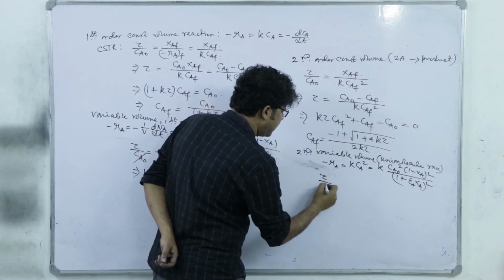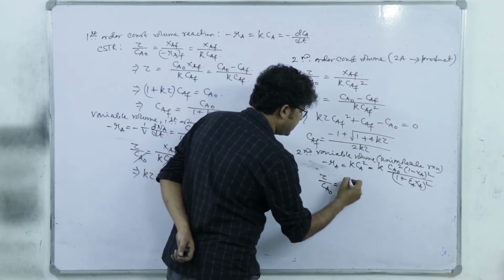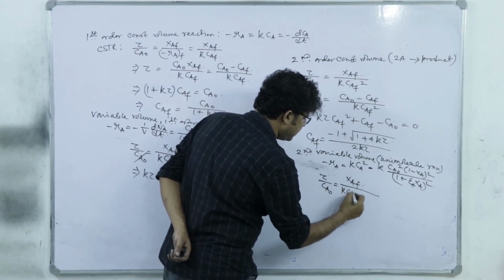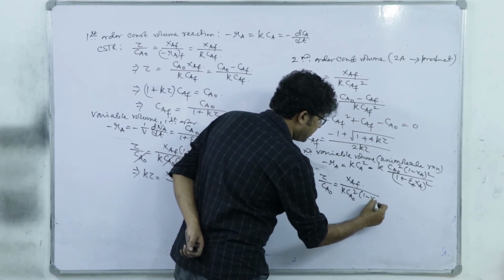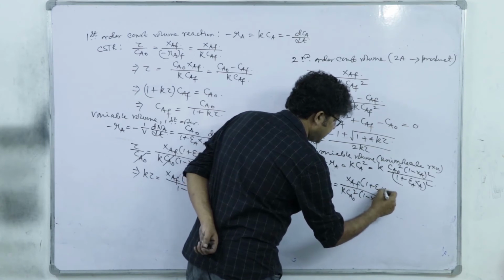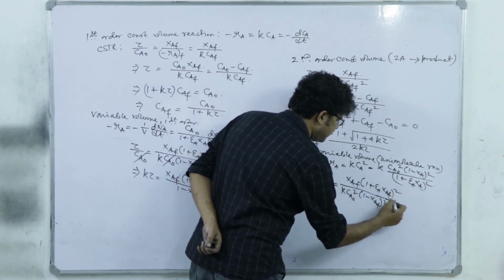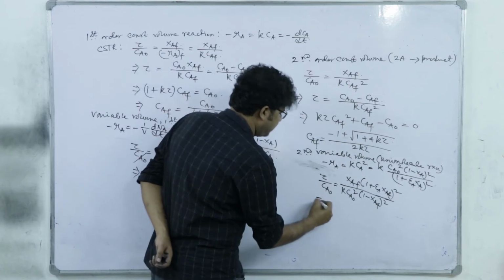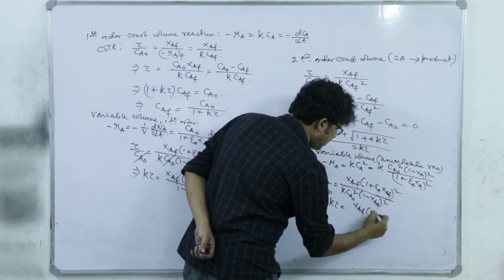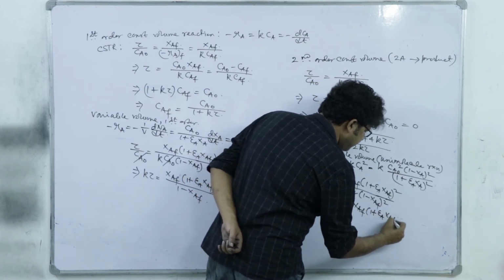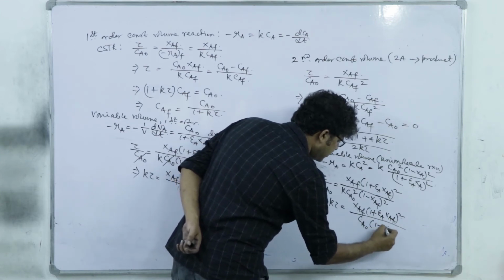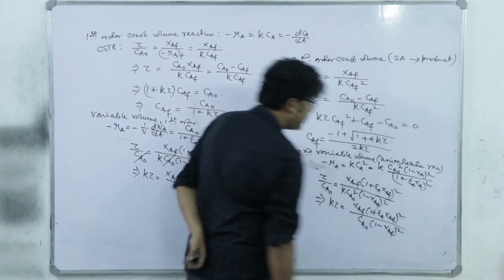So we have tau by Ca naught equal to Xaf divided by K into Ca naught square, 1 minus Xaf whole square, 1 plus epsilon A Xaf whole square. So K tau is equal to Xaf, 1 plus epsilon A Xaf whole square, divided by Ca naught into 1 minus Xaf whole square.